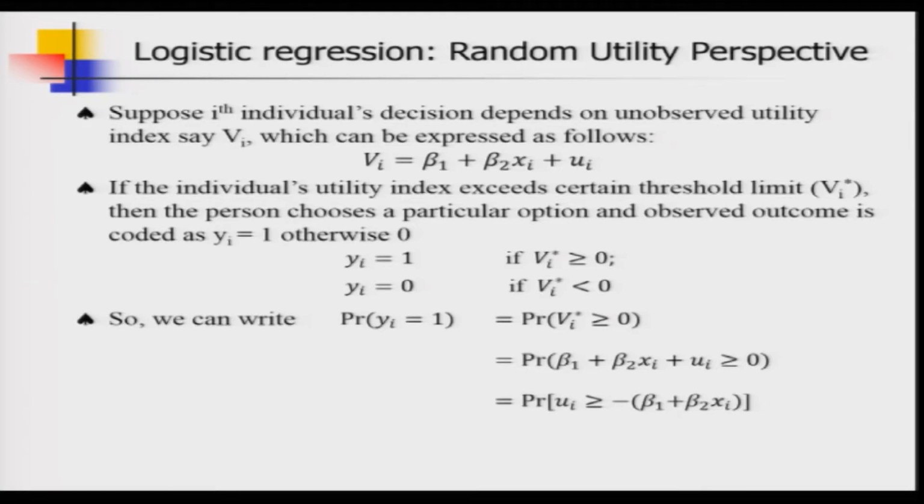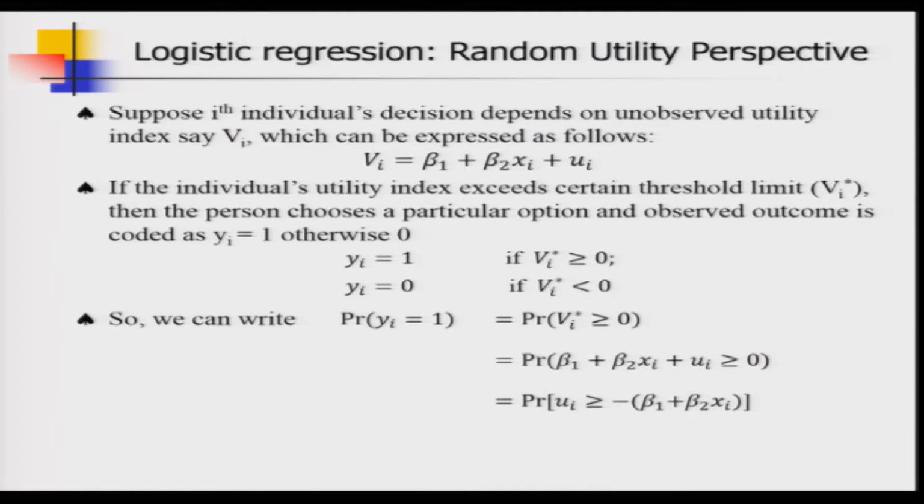This reservation utility is denoted by the threshold utility level V star i. Now let us come back to the model. Mathematically, this is represented as y i equals 1 if V star i is greater than or equal to 0, and y i is equal to 0 if V star i is less than 0.